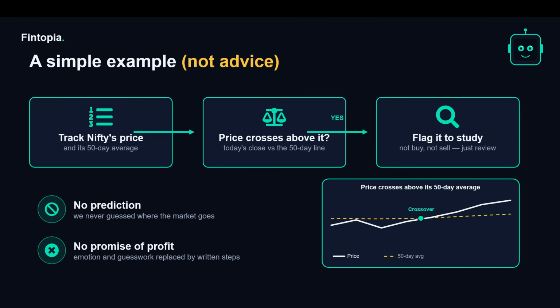Right. One example, if I want to give you, right, tracks Nifty price. My algo tracks, for an example, a Nifty price. This is not my strategy, just for the depiction. If price crosses above the 50-day line, flag it to study, for an example, right? Or I say buy, a hypothetical. So if this is the Nifty price, the thick white line, and the dotted yellow line is the 50-day average. If price crosses above, it can do multiple things. It can generate an alert for me, then I can take action manually.